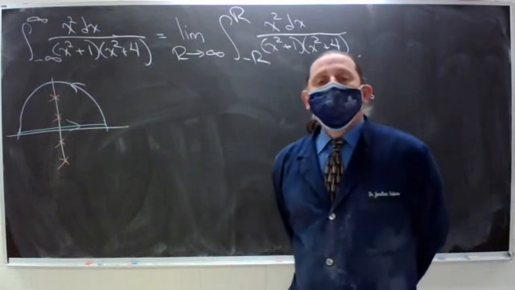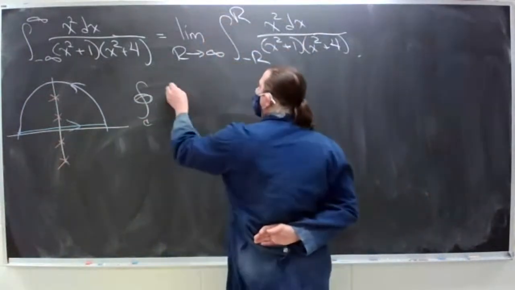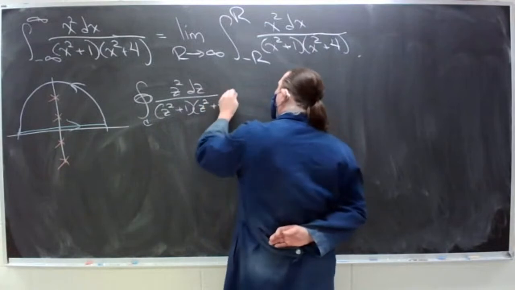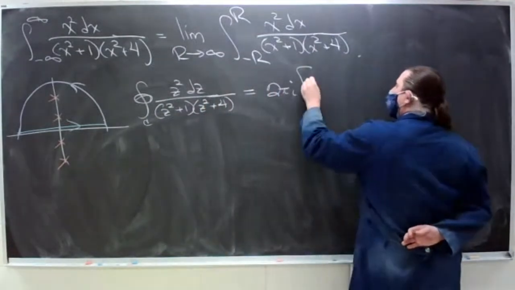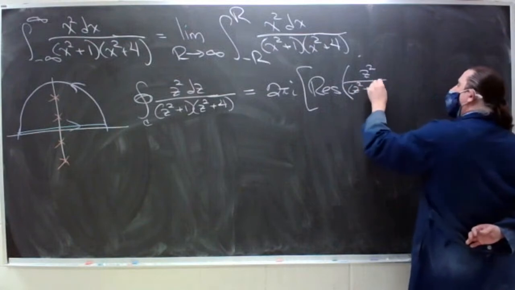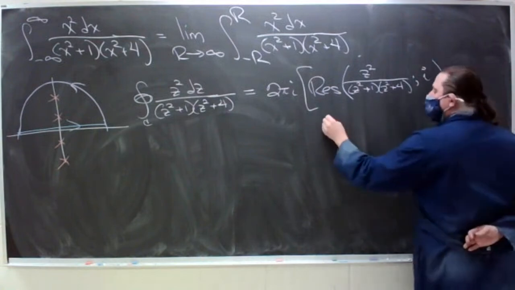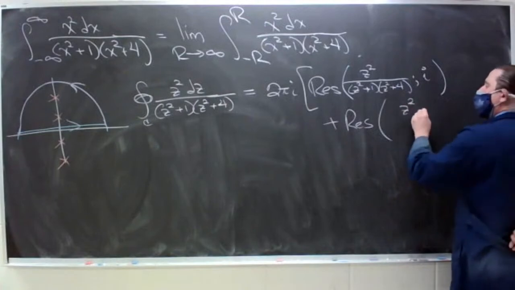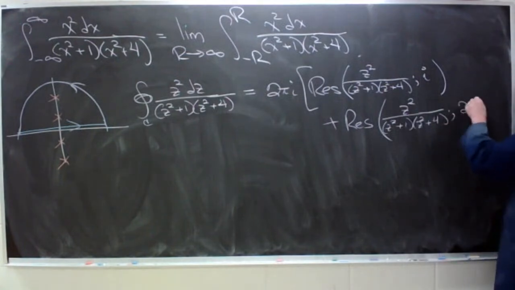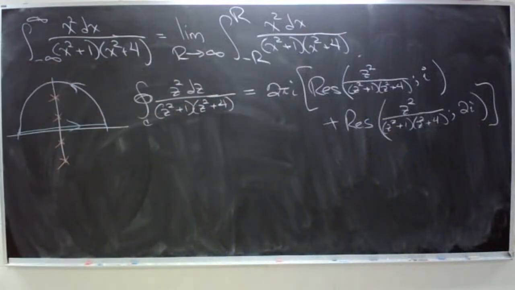And so we would say for any value of capital R greater than 2, this loop integral is equal to 2 pi i times the sum of these two residues.